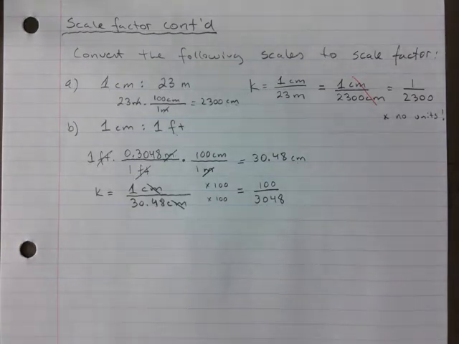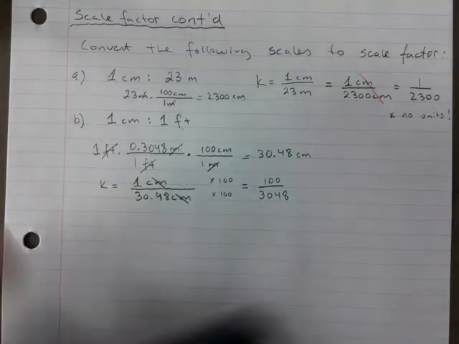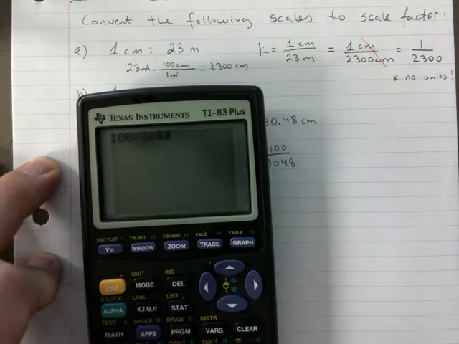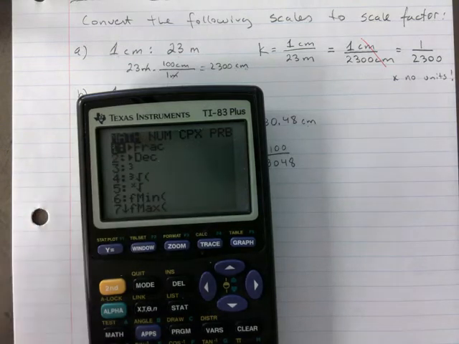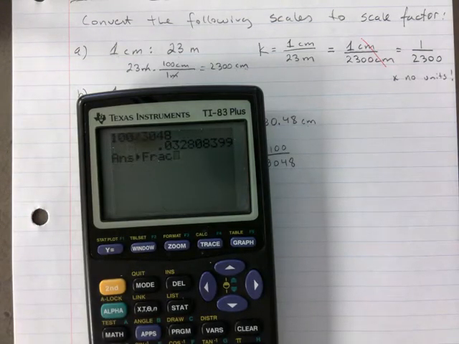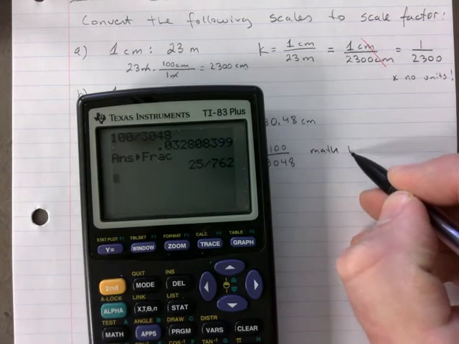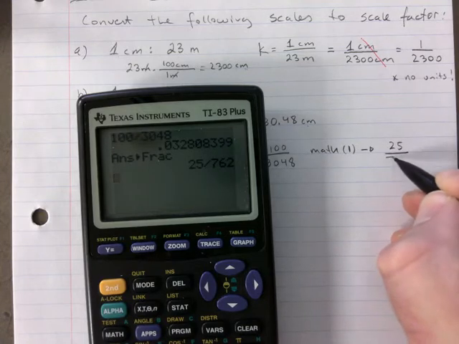We can use our calculator and then go from there. I'm not sure if these ones do it, but let me just try it one time here. If you were to go 100 divided by 3048 and then go math and just select that first option, it technically turns your decimal into a reduced fraction, and there it is. 25 over 762. Isn't that cool?